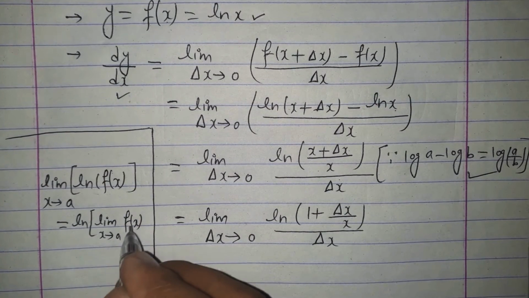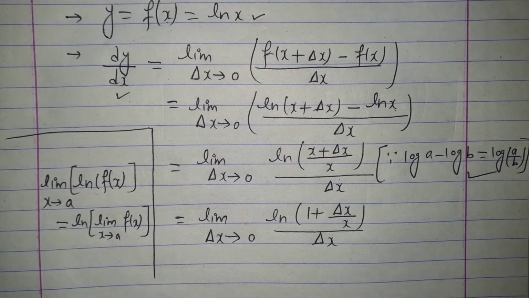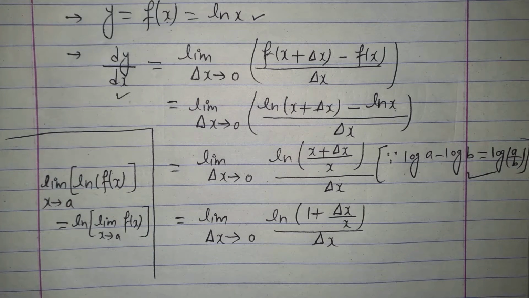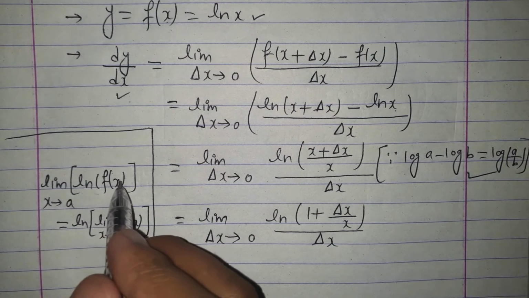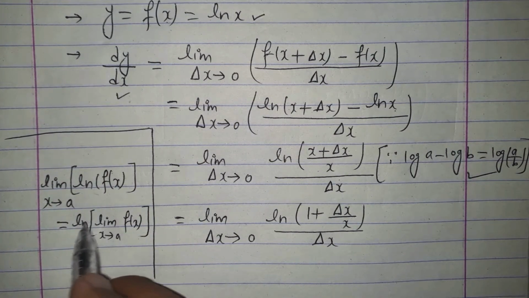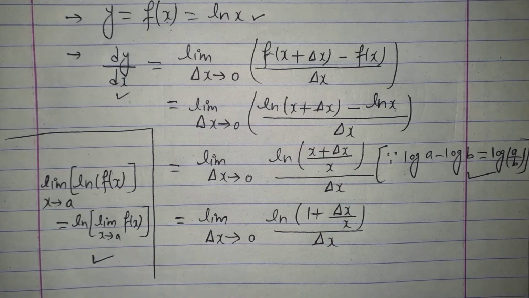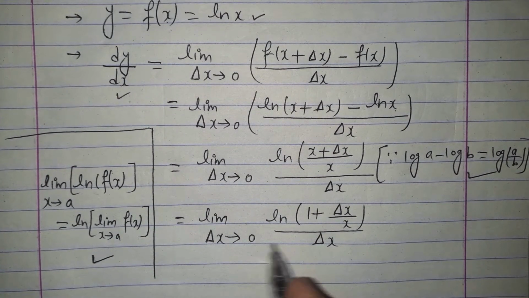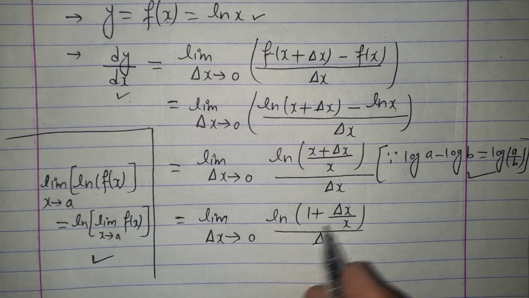It is a very important property of the limit of a function. Limit of ln of f of x is the same as ln of the limit of that function at the same point. We can use the same concept here.